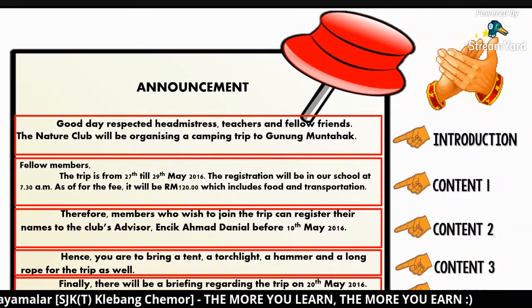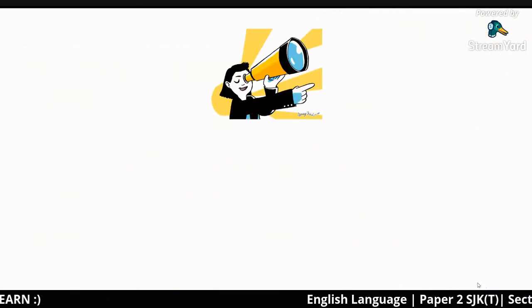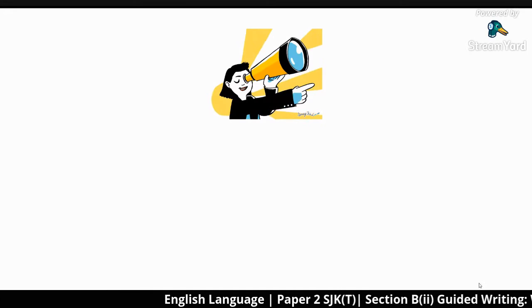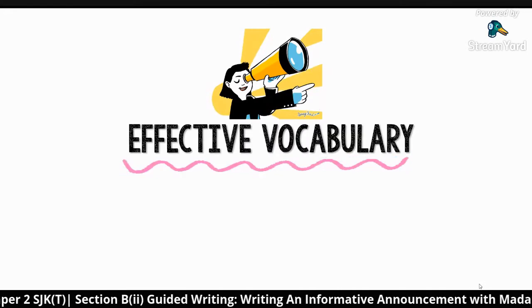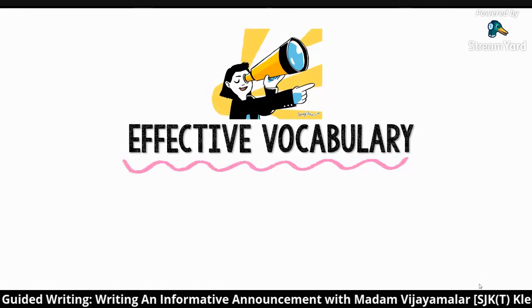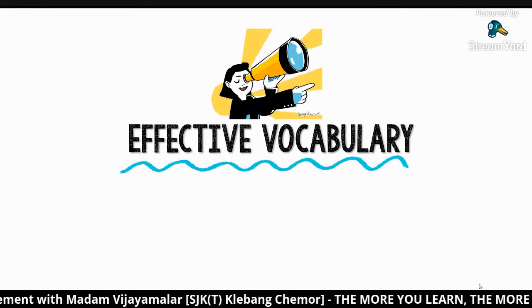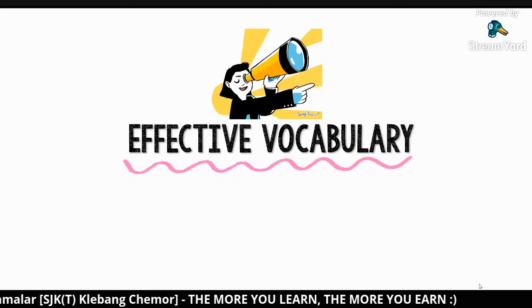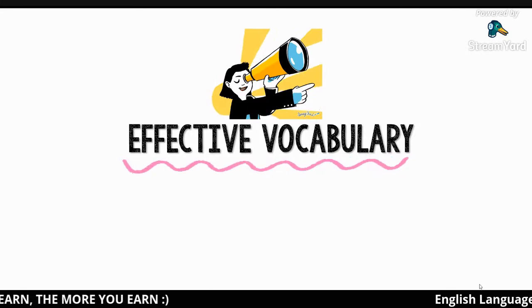All right, now let's look into, yes, this is my favorite part, effective vocabulary. When you come up with words which can replace common words, that is going to be very good for you. You are improving your vocabulary.